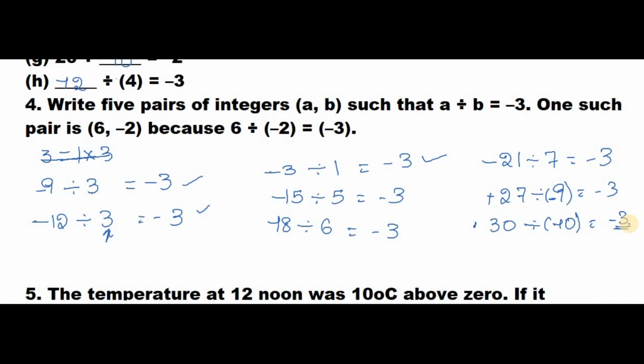Like any table, when you get 3, that you can go for. For example, I will just say one thing. 12 into 3 is equal to 36, right? So just remove this 36 divided by minus 12 and you'll get the quotient automatically, minus 3. In that way you can go, you'll have so many tables, starting from one table, however many tables you want to write, you can write. You can go for it.